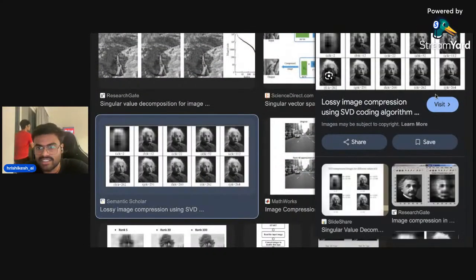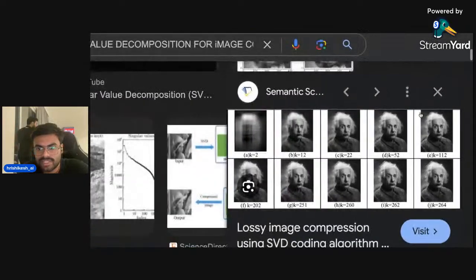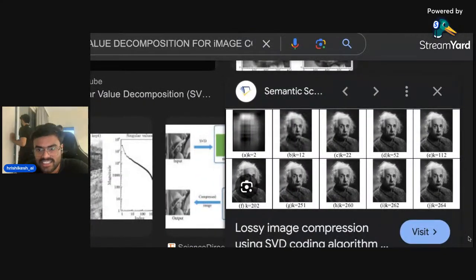Let's see this one. Here it is 264. So it means the matrix has 264 rows having 264 diagonal points with numerical values. Then in 262, you can see there is no difference. In 260, there is no difference. 251, no difference. When I compare 264 with 202, there is kind of no difference, but it got reduced.